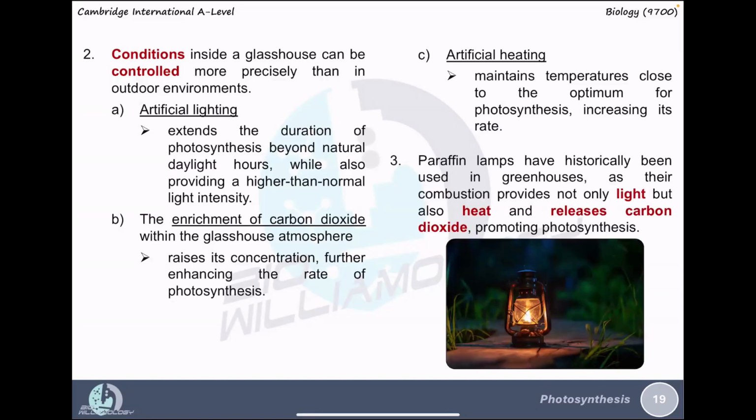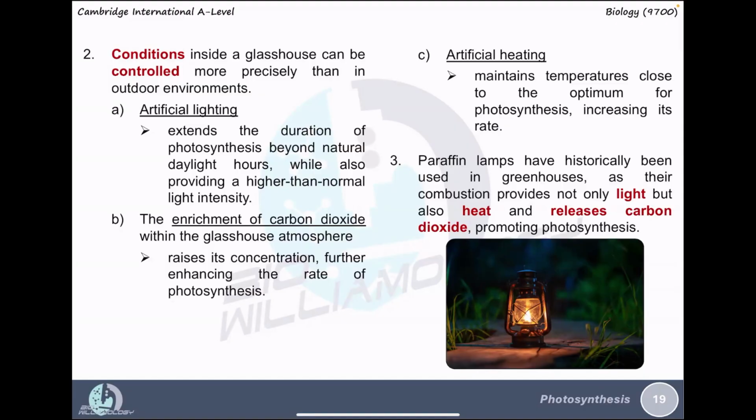Traditionally, paraffin lamps have historically been used in glass houses or greenhouses, as their combustion provides not only the light but also the heat while releasing CO2.